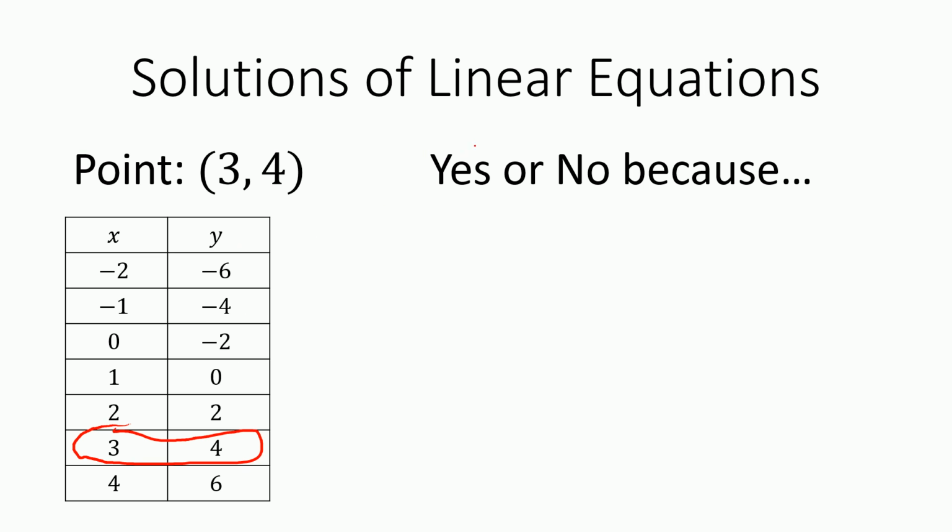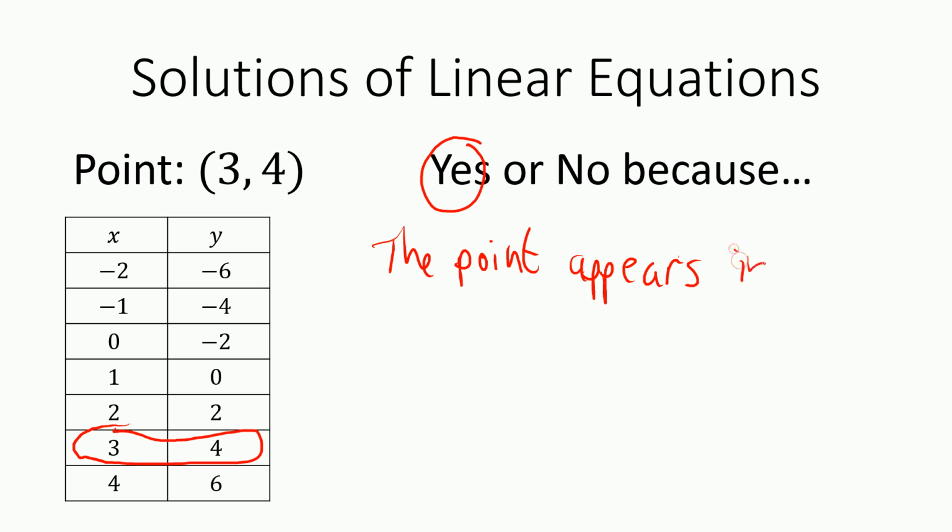And in this case it is, yes, because the point appeared in the table. And it's really that simple. It's in the table, therefore it's part of the linear equation or linear relationship, and therefore we can say it must be a solution. Okay, so that's solving using tables.